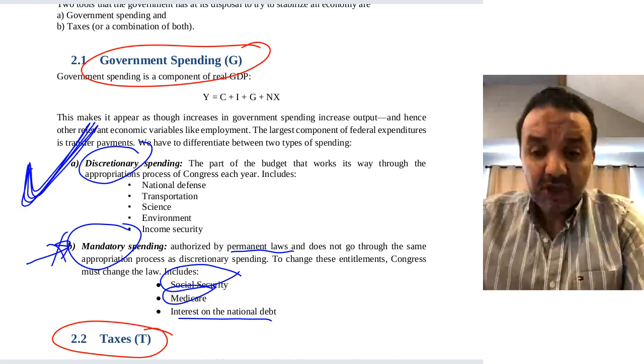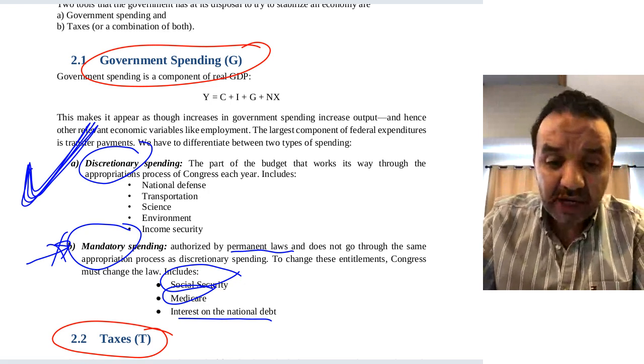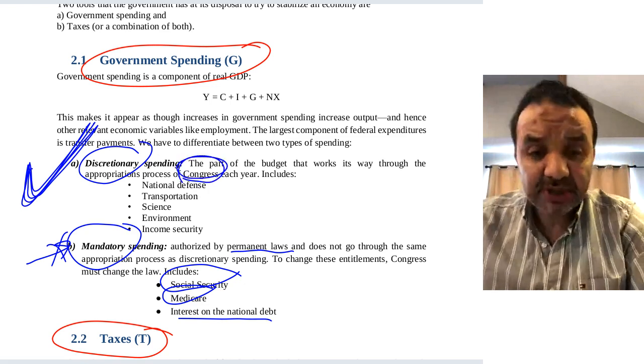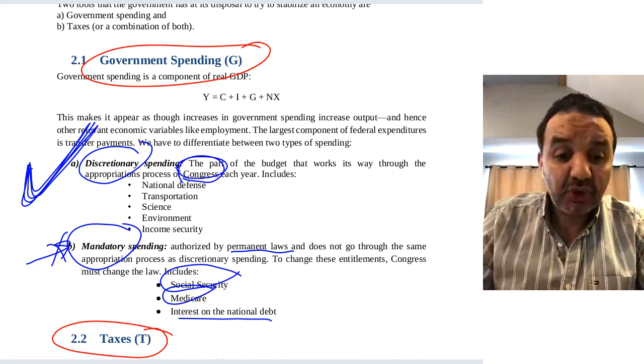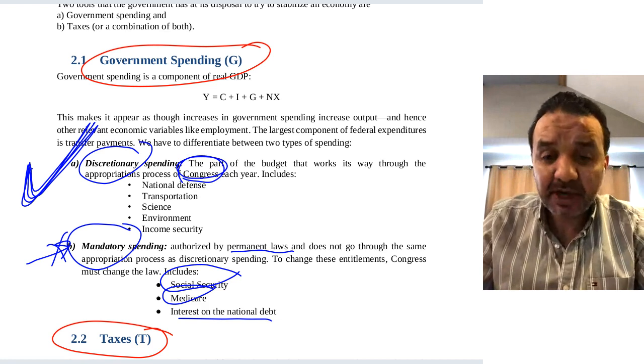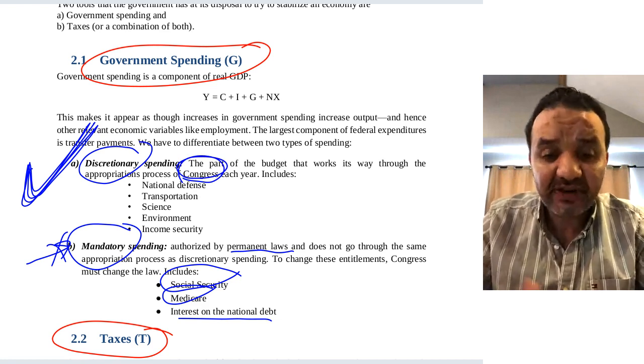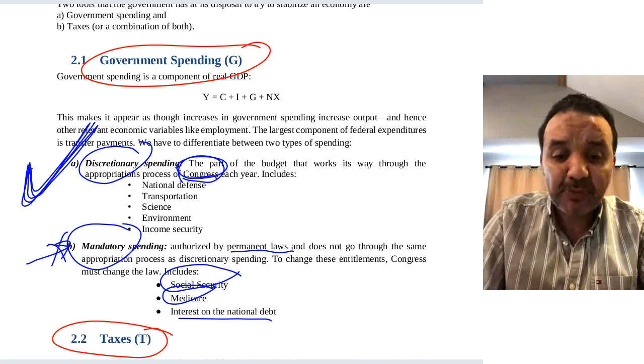This is the part of the budget that works its way through the appropriations process of the Congress. This means if the federal government chose to select the government spending tool, which means increasing government spending, this process has to be approved by the Congress.